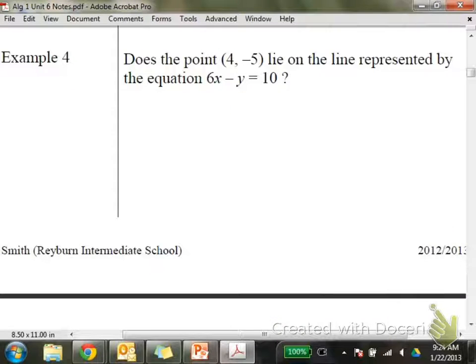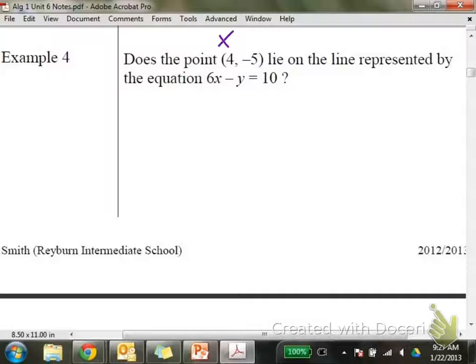So example 4, does the point (4, -5) lie on the line represented by the equation 6x minus y equals 10? Do it on your own. Okay, guys, so everybody take a look. All right, first of all, in this problem, which one is the x-coordinate? 4.